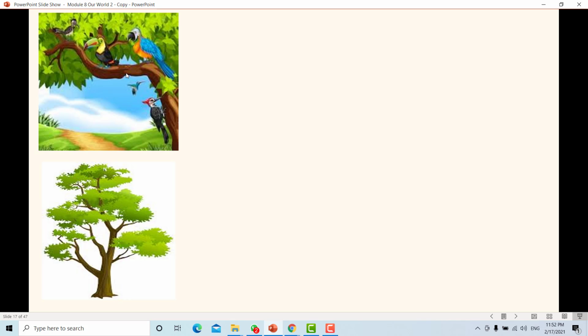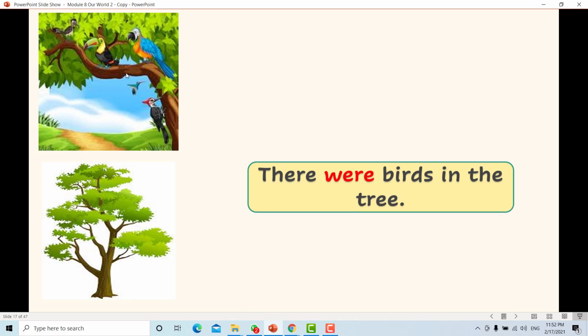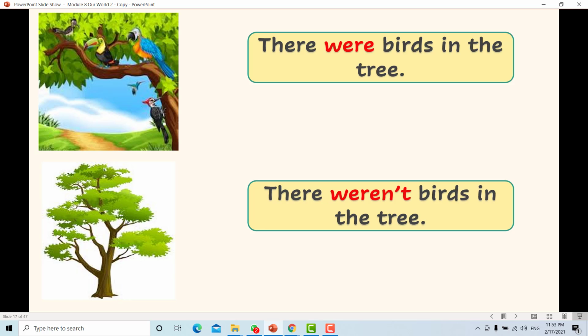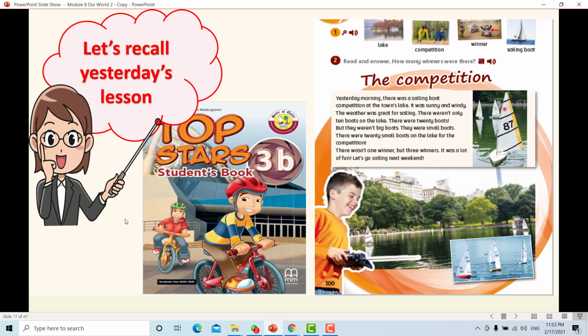There were or there was birds in the tree. Excellent. There were birds in the tree. Now look at this picture. There was or there wasn't or there weren't birds in the tree. There weren't birds in the tree.